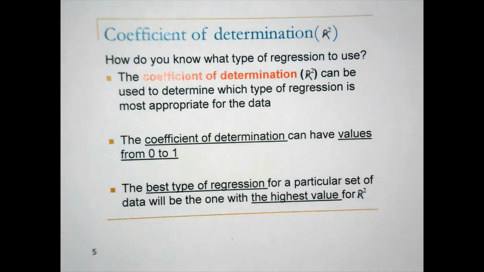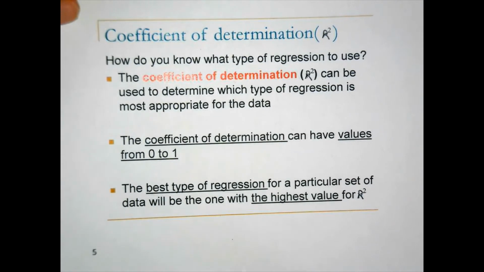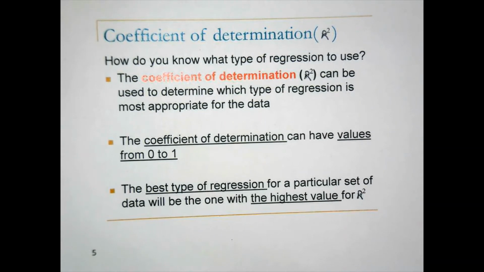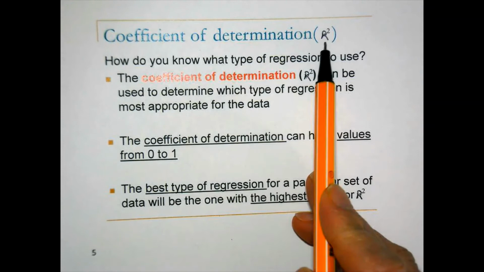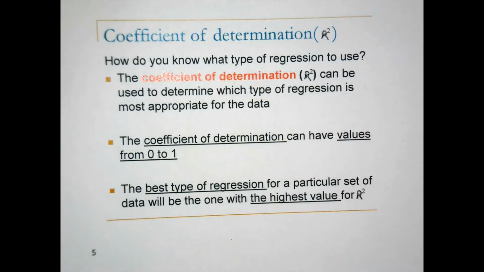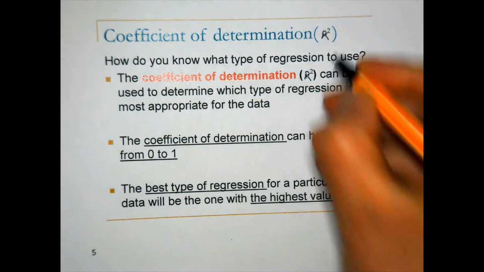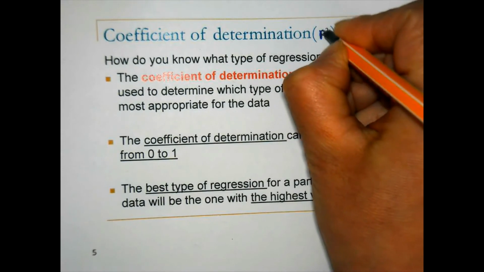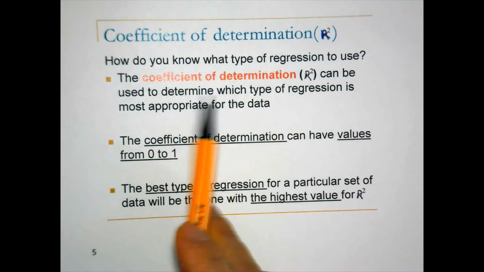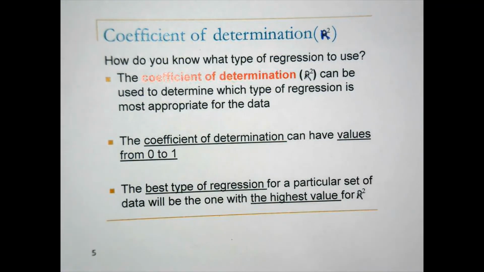It is called the coefficient of determination, or R squared, but please do not mix this with R, the correlation coefficient. This is R squared, the coefficient of determination, and it has nothing to do with the correlation coefficient, or lowercase r, or Pearson's r.